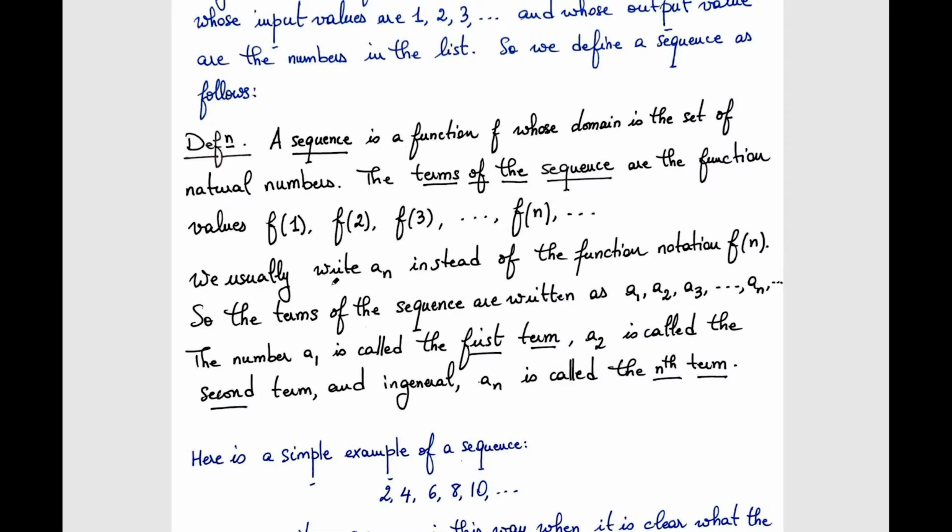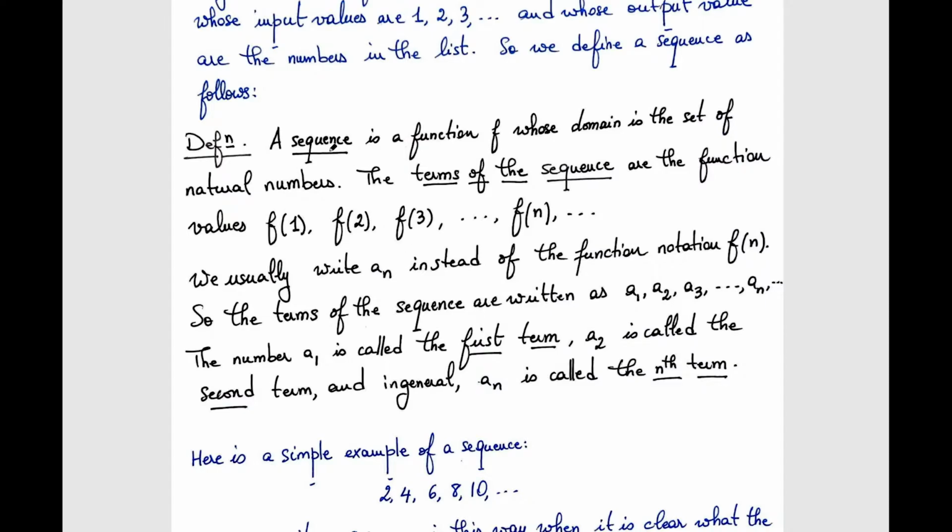But typically people do not write the terms as the images of these natural numbers. They just write them as a sub 1, a sub 2, and so on. So a sub n is the most general term of the sequence. So a sub n is f of n, which means a1 is f1, a2 is f2. This is a notation.